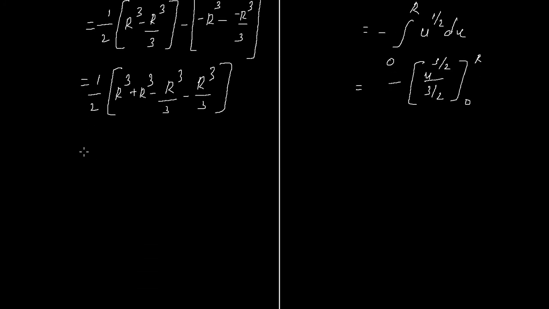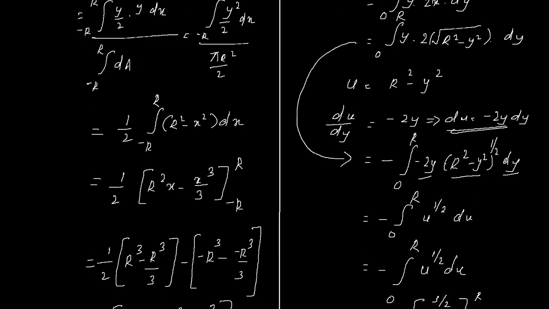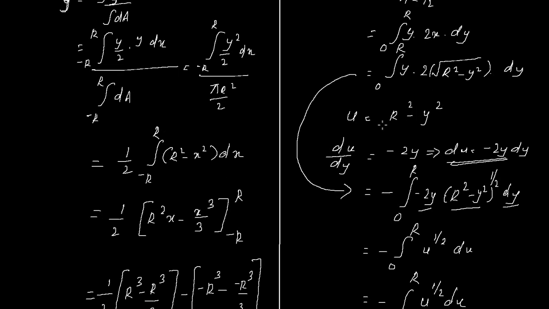Moving on, you have 1 by 2 into 2r cube minus 2r cube by 3, and here you know u is r squared minus y squared.